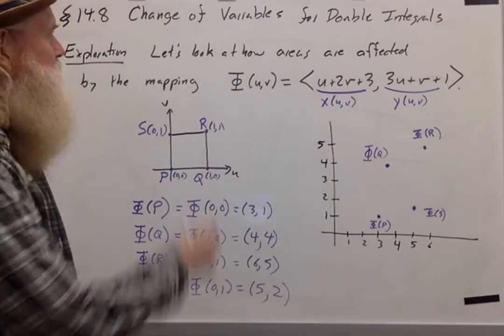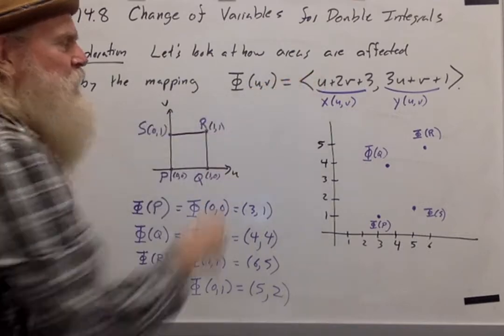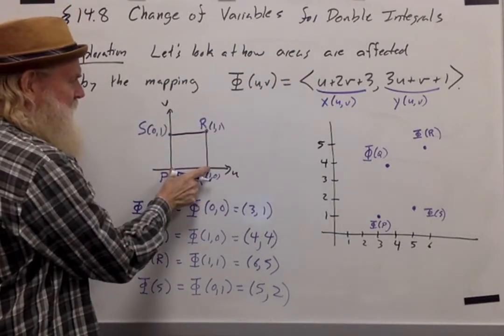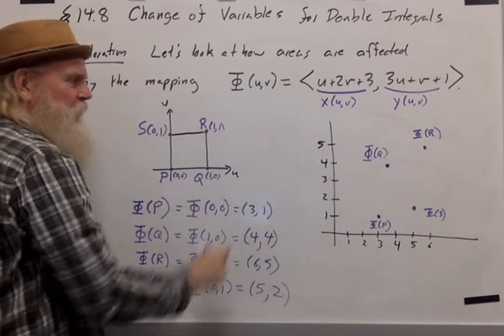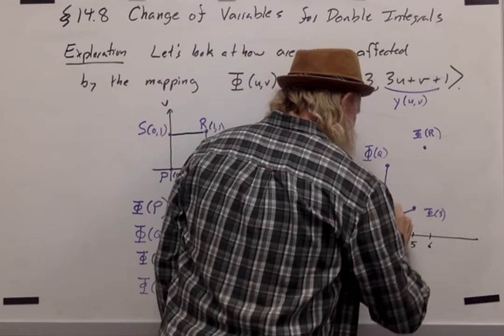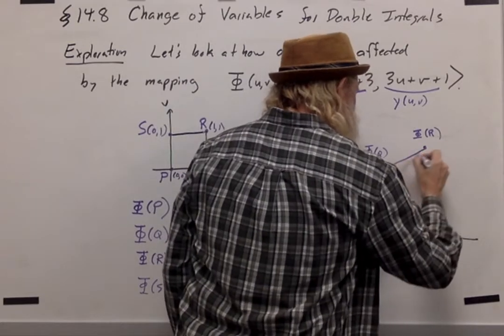Now you might notice that both these functions are linear, so it shouldn't surprise you that these edges get taken to the edges between these points that we map to.